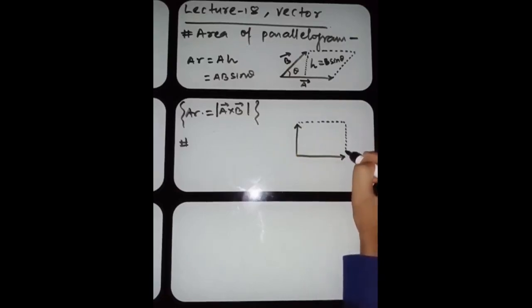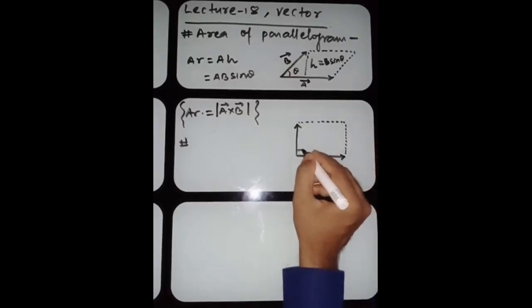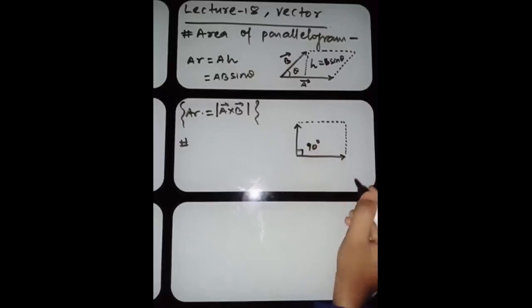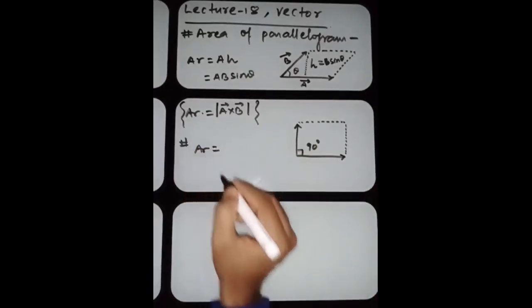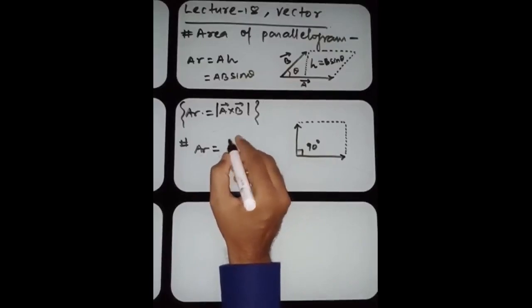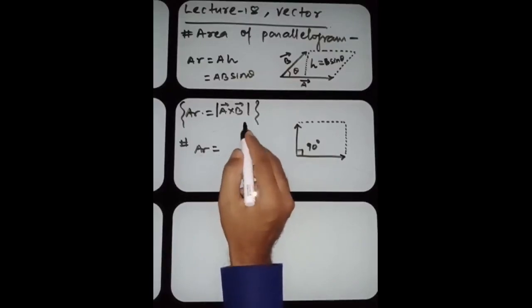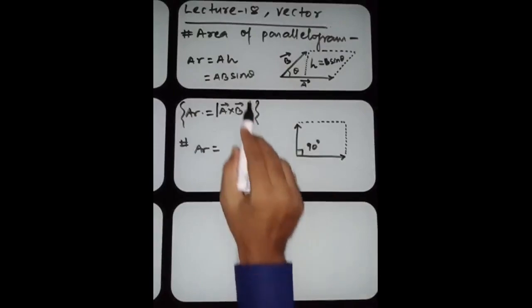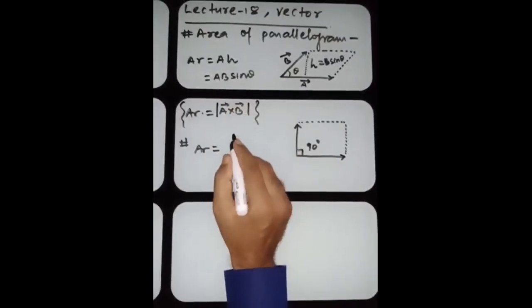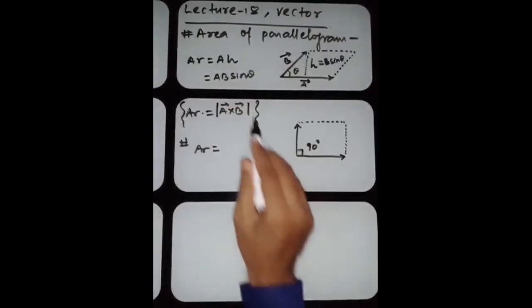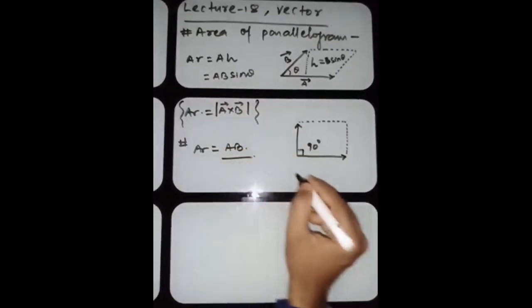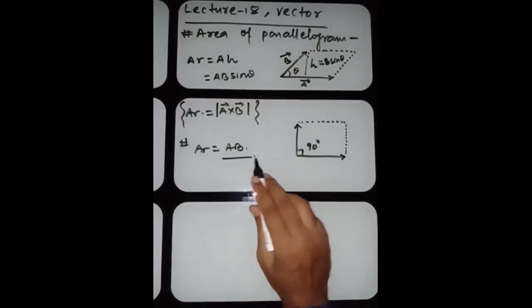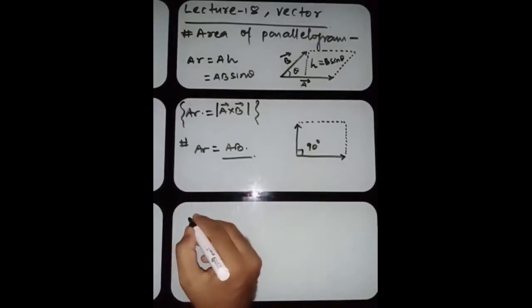Here theta will be 90 degrees, so you will write area is equal to simply a into b, because sine 90 will be 1. This will be the formula.